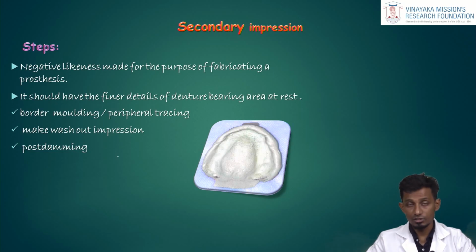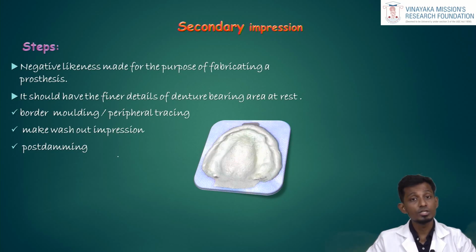While making the border molding especially, we must make sure that the movements are given perfectly, whether it is outward downward or outward upward, or lifting of the tongue or suckling or even licking of the lips. These are all border movements which will be discussed when the secondary impression class is taken.